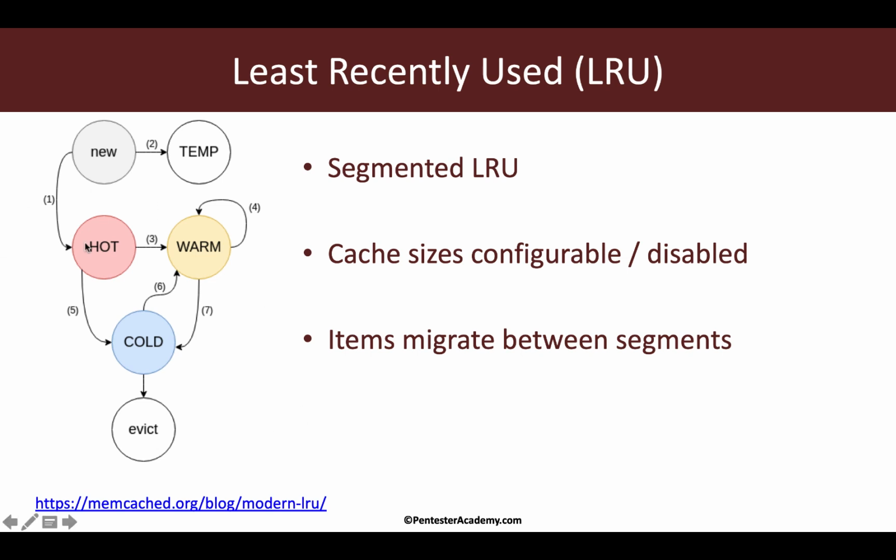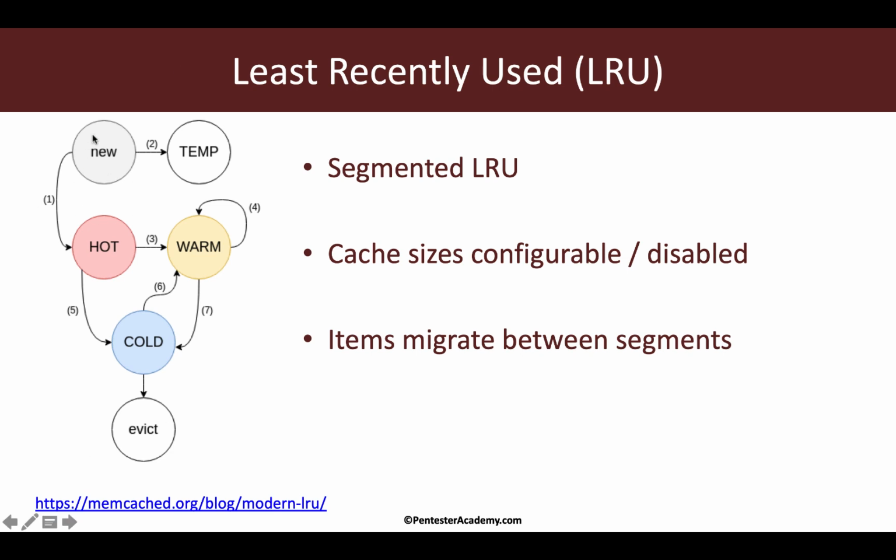In contrast, you also have hot, warm, and cold caches, or rather segmented caches. The whole idea is that, depending on a new item, its TTL and how frequently it gets accessed during its lifetime, you put it in the specific segmented cache.